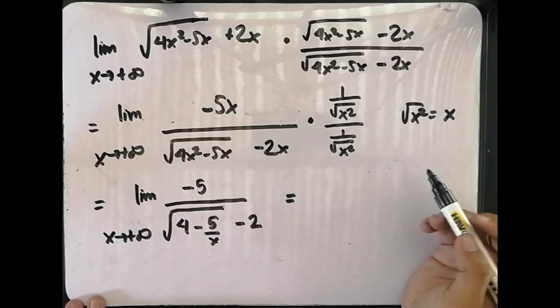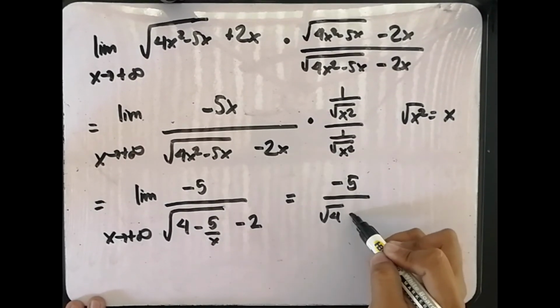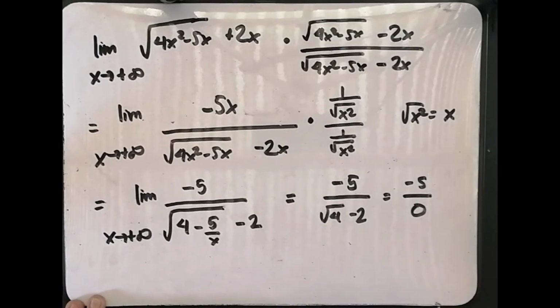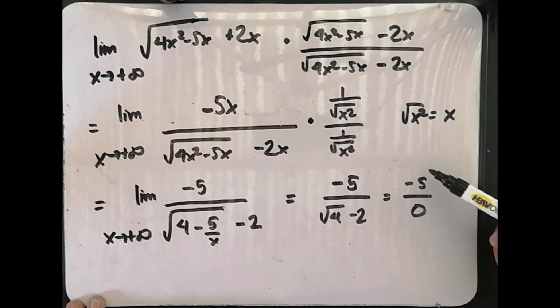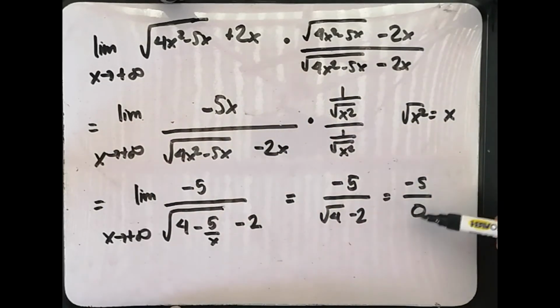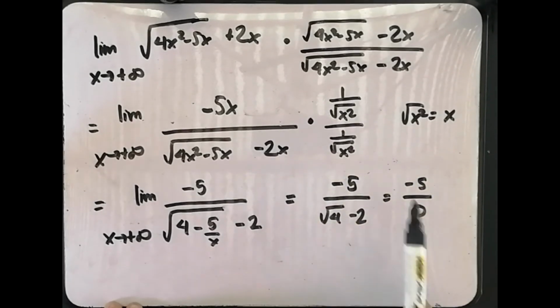That is equal to negative 5 over square root of 4 minus 2, or negative 5 over 0. We know that this is undefined, which means it has no horizontal asymptote in that part.